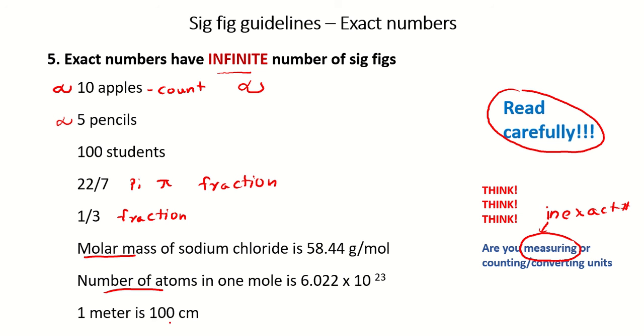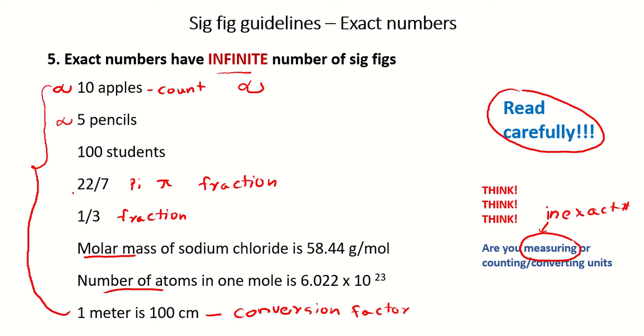1 meter is 100 centimeters. What is this? This is a conversion factor. This is a conversion factor. So conversion factors are also exact numbers. So all these numbers listed here have an infinite number of sig figs.